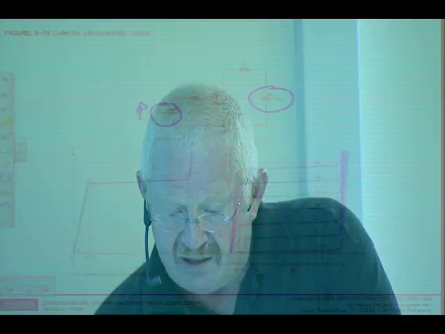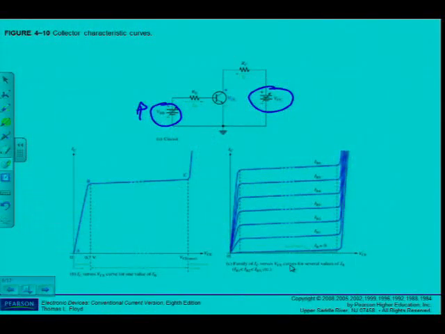So what will happen as I increase VBB, VCE is going to increase. You can see that I have a curve here of IC against the VCE. As I increase, here you can see are my different IB currents. Of course, IB is going to increase as I increase VBB.